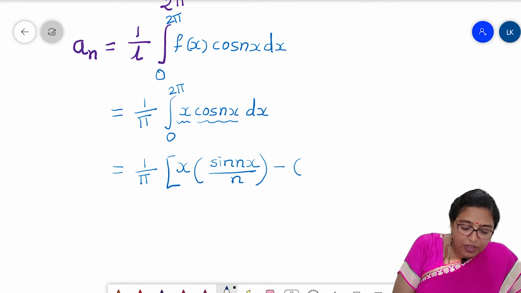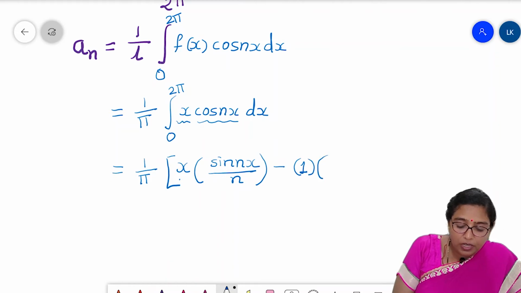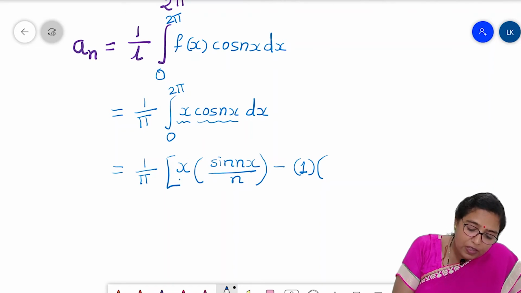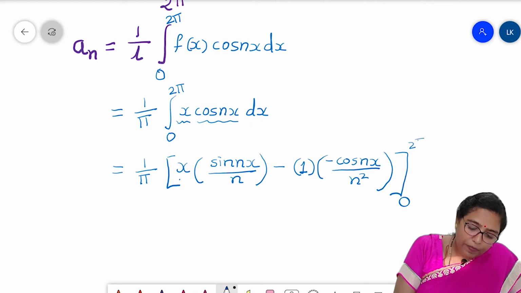The first term is x, its derivative is 1, and integration of the previous term of the bracket, that means minus cos nx upon derivative n, and here there is n, that means n square, and the limit is 0 to 2 pi.